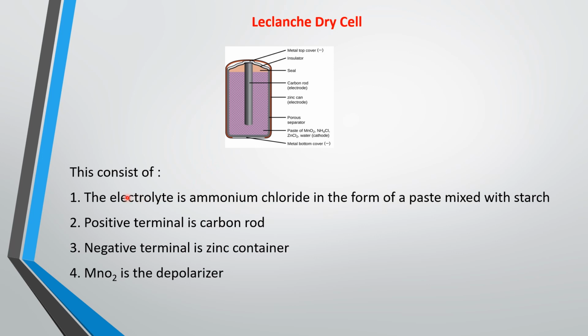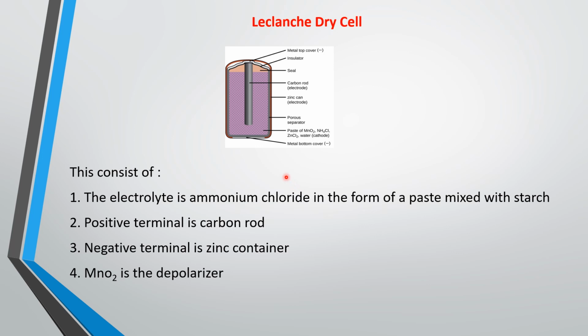The dry type consists of ammonium chloride in the form of a paste mixed with starch. Now this dry Leclanché cell is the type of battery we use at home. The battery you use at home for your torchlight, for your remote control and all that, is an example of a dry type Leclanché cell.